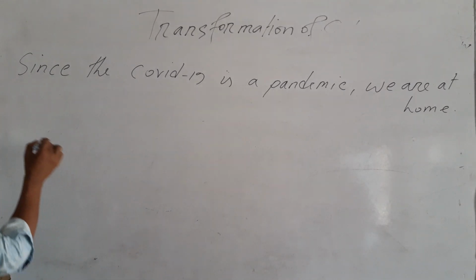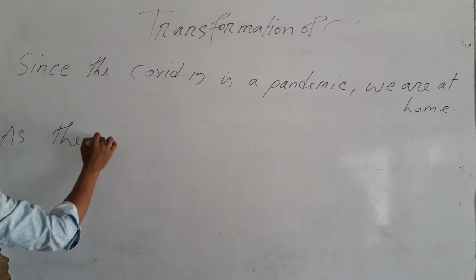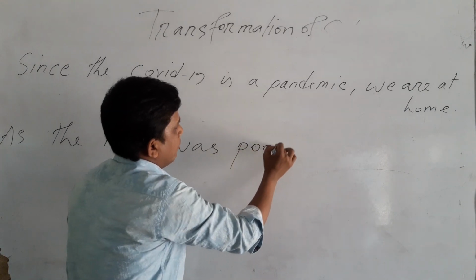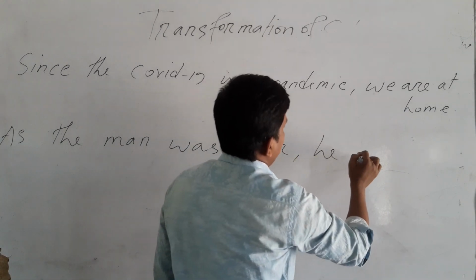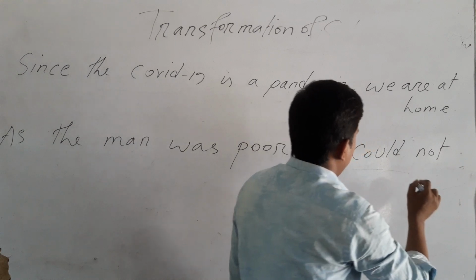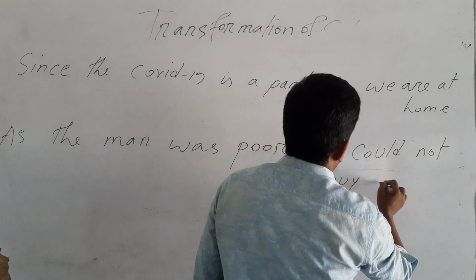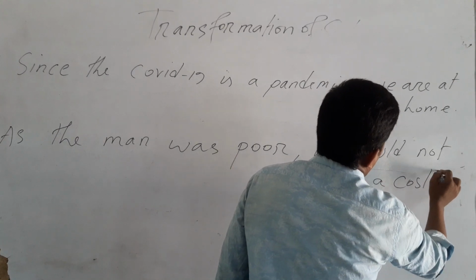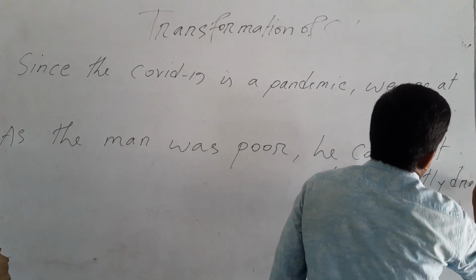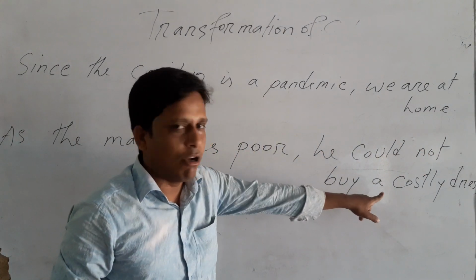The second sentence: as the man was poor, he could not buy a costly dress.